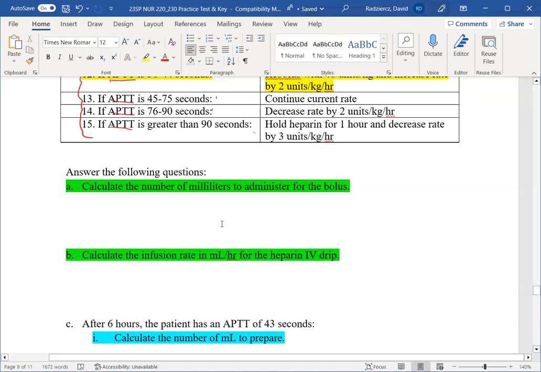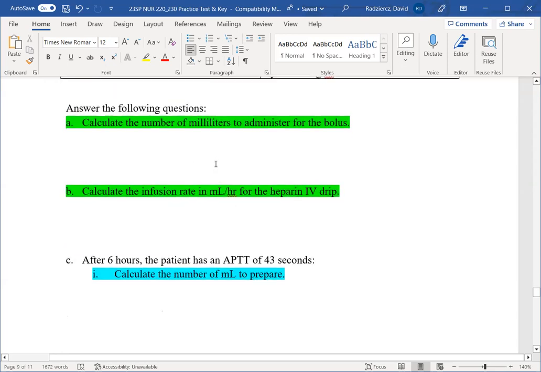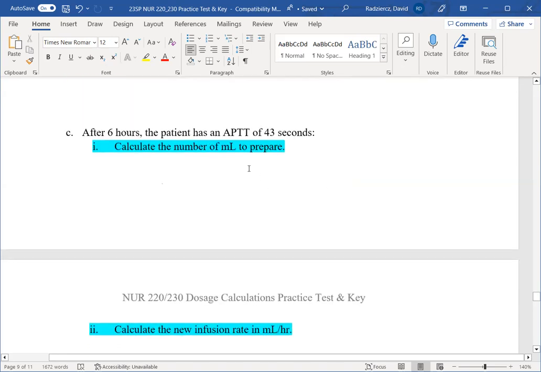So on your test next week, they're going to ask you to calculate a bolus, and they're going to ask you to calculate a flow rate or a drip rate. They might do it as an initial bolus and initial flow rate, or they'll ask you to calculate it after they've already been on it for a few hours, what would the new flow rate be?